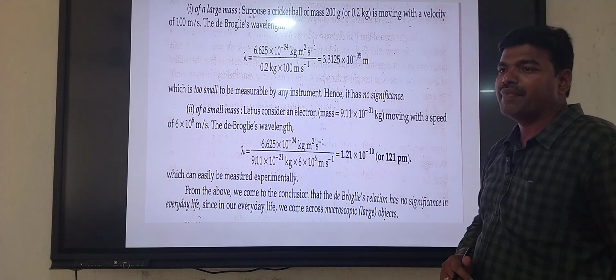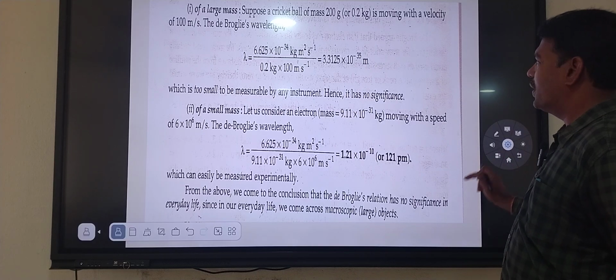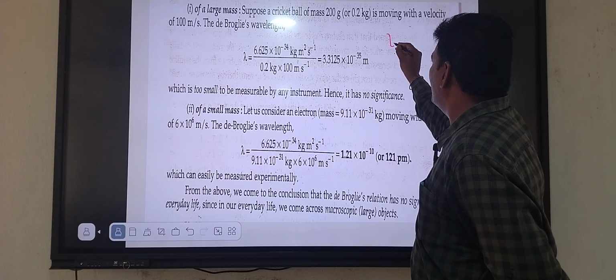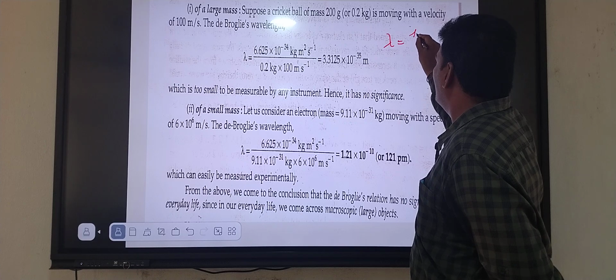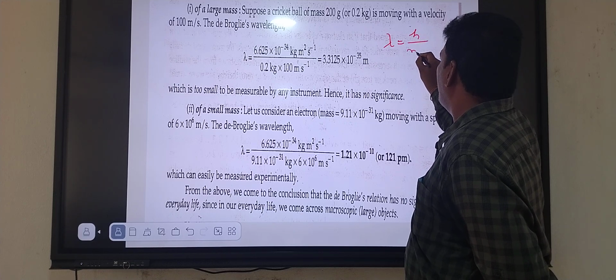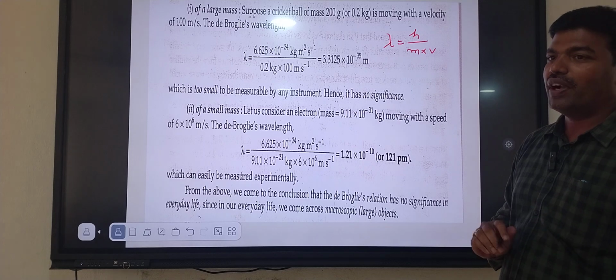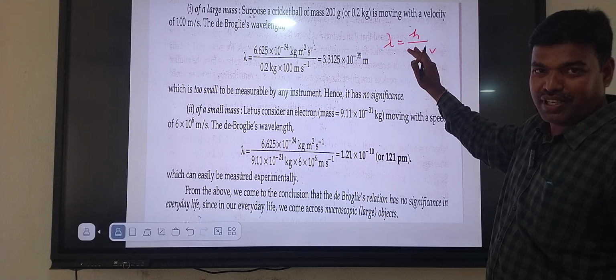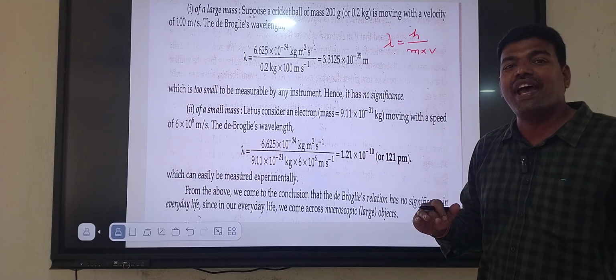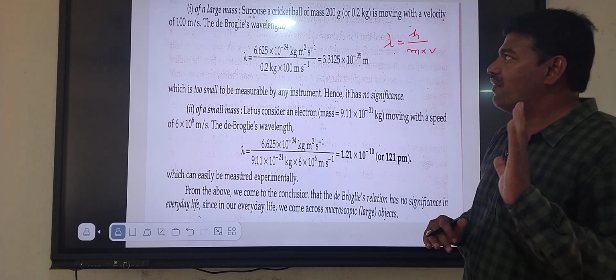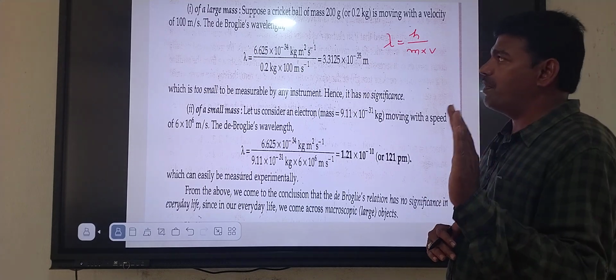Already we derived the equation: lambda is equal to h by mass into velocity. Let us apply this de Broglie's equation to various bodies, for example, of a large mass.